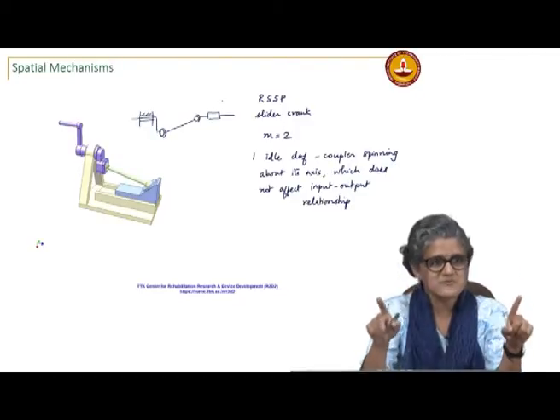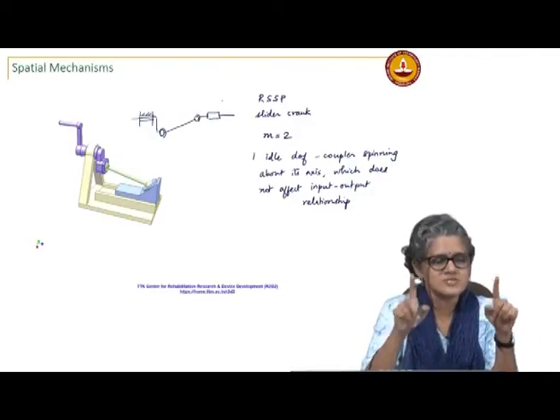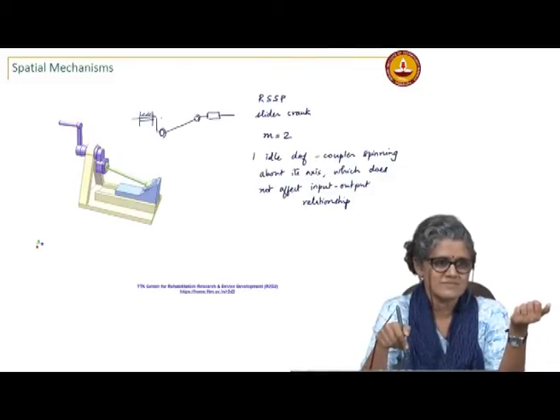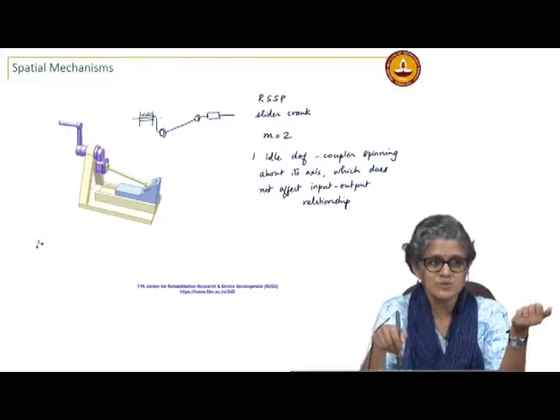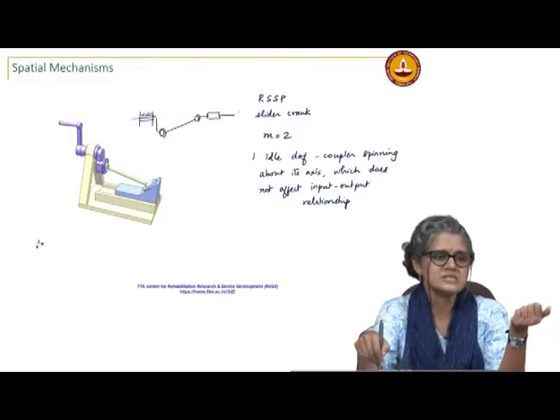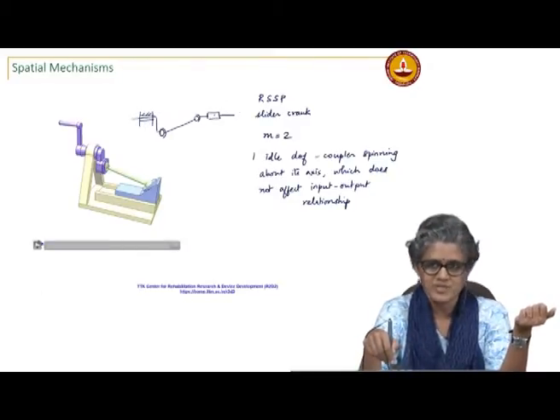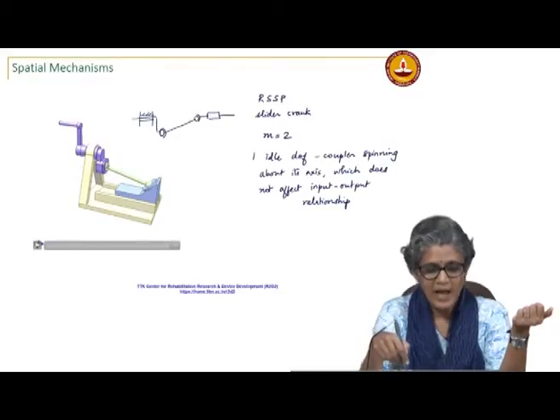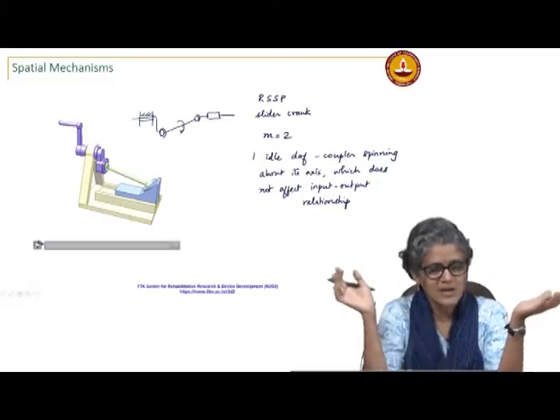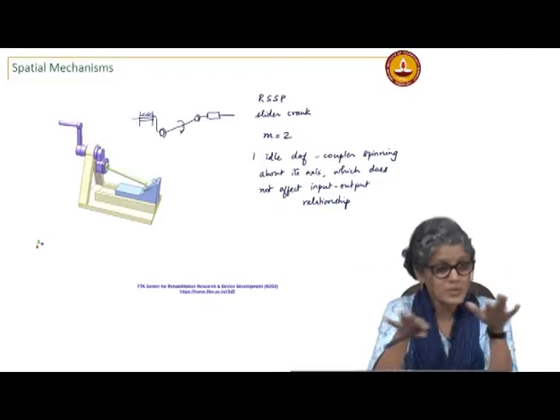So it is not a structure, it is not mobility equal to 0 where it can't move, because you are moving this link. There is a specific relationship between the input and output, that is what you have here. And this rotation also exists, I can spin this and again that does not change anything. So the mobility still remains the same.